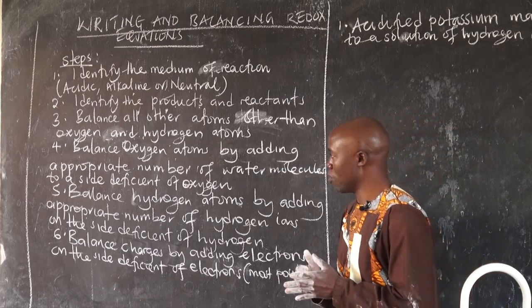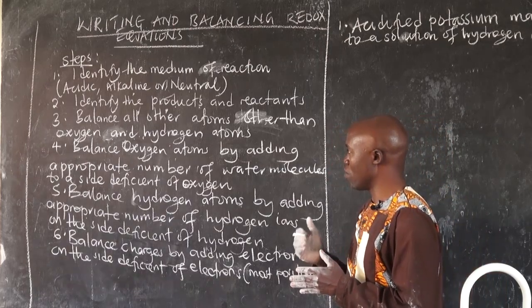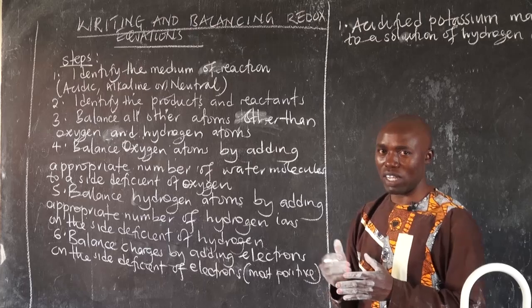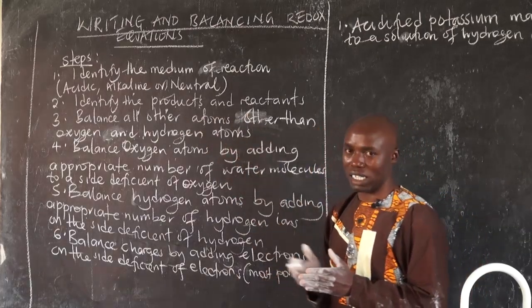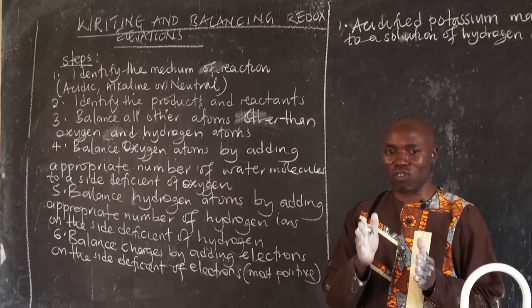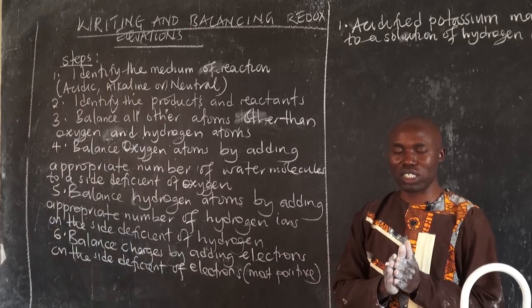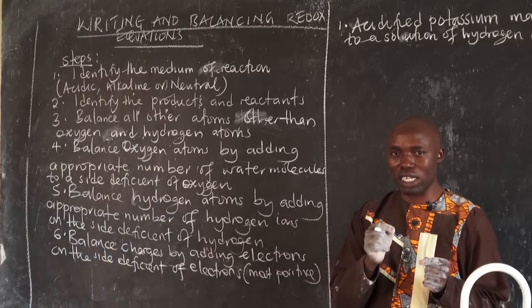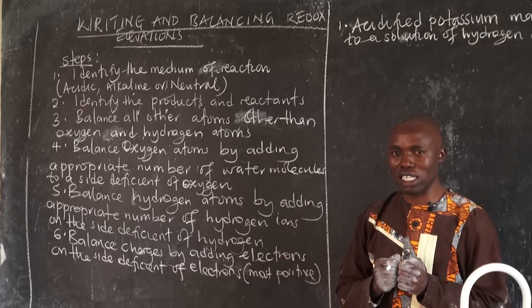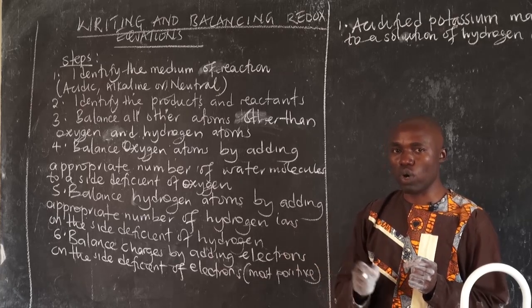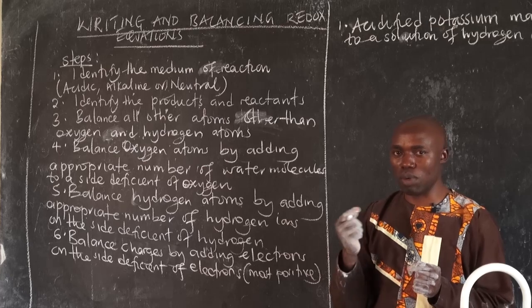Now step 2, identify the products and the reactants. Look at the products and the reactants. Identify if one substance is an oxidizing agent, what does it go to? Of course, an oxidizing agent is normally reduced, while a reducing agent is normally oxidized.